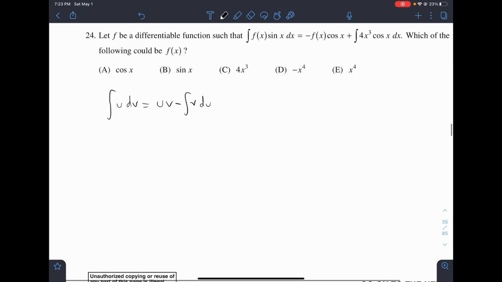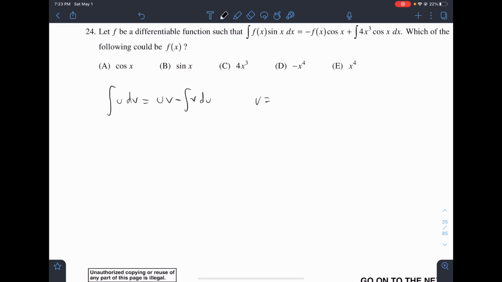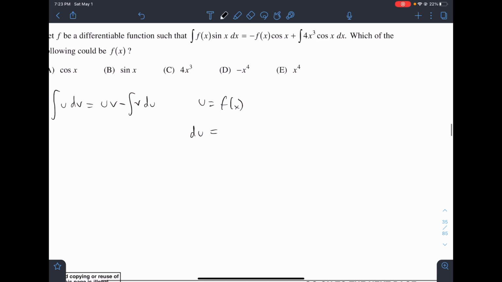So let's let u, in this case, equal f of x, and we're going to leave du blank because we don't know what f of x is, so we can't find du. So dv, that's going to equal sine of x dx, and so we can find v here. That'll equal negative cosine of x.